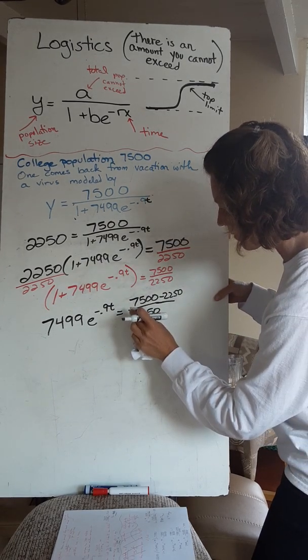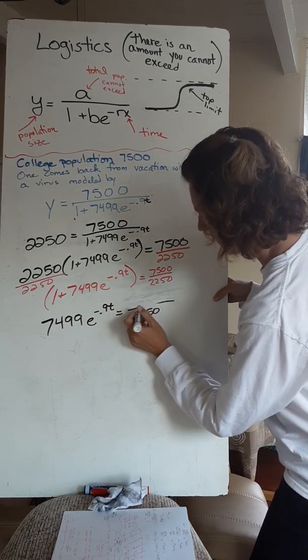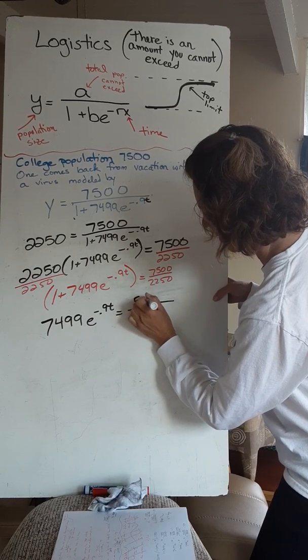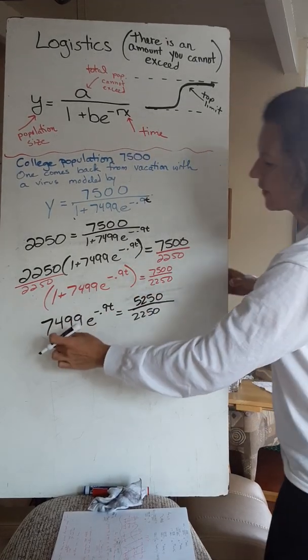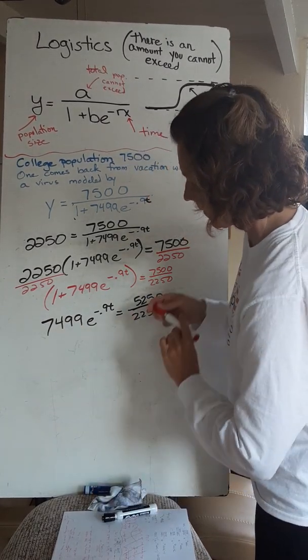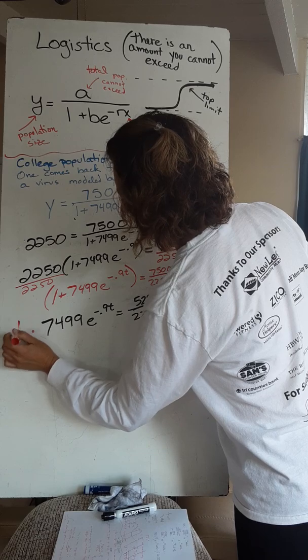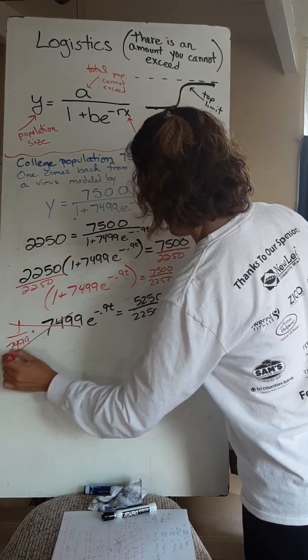So 5,250 is up here now. Now we need to move this to the other side. So I'm going to multiply by 1 over 7,499. Same thing as dividing.